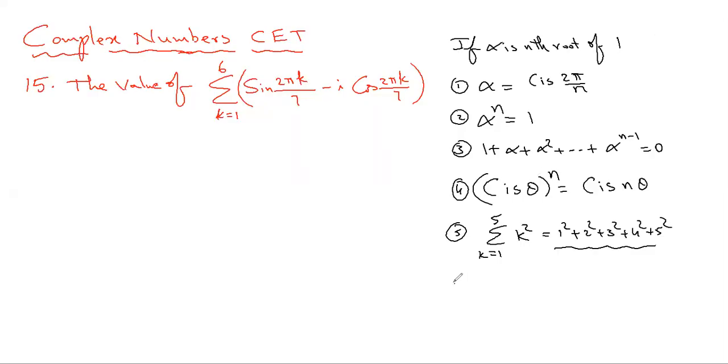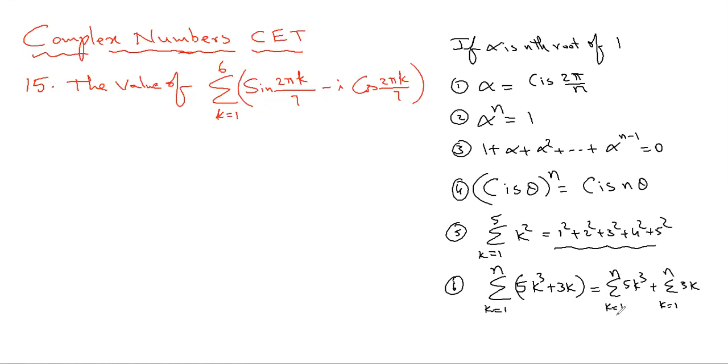One more thing that you need to know is, suppose summation of k equal to 1 to n of 5k cube plus 3k is there. You can separate the summation into 2 terms: summation of k equal to 1 to n of 5k cube plus summation of k equal to 1 to n of 3k.